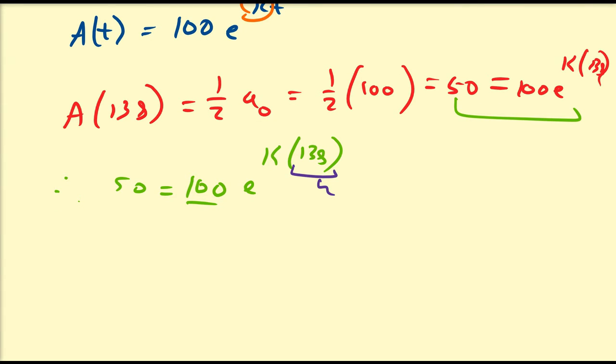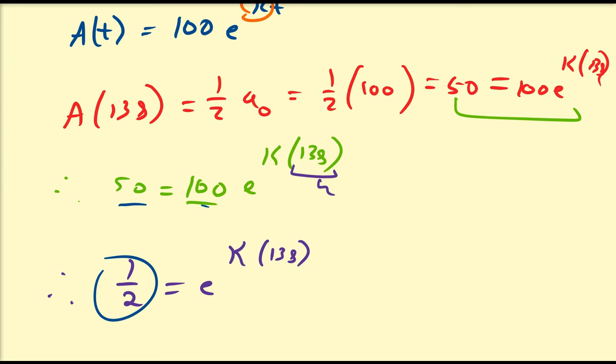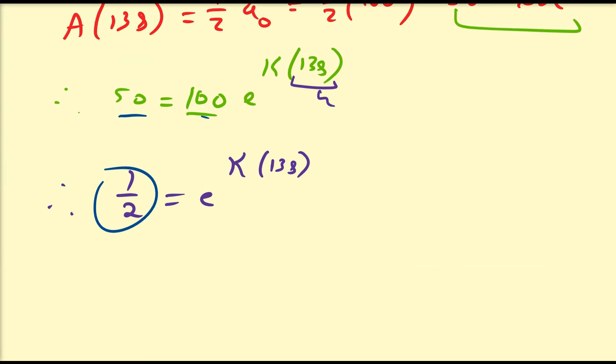Divide both sides by 100, and we get 1/2 is equal to e to the k times 138. Notice that for all these half-life problems, you're going to get 1/2 on the left-hand side. That's always going to be true. If we were to have a quarter-life problem, then that would be a quarter instead of a half. So we can solve this equation for that parameter k.